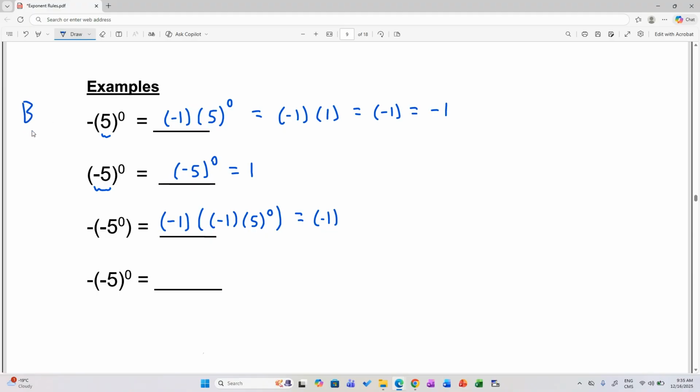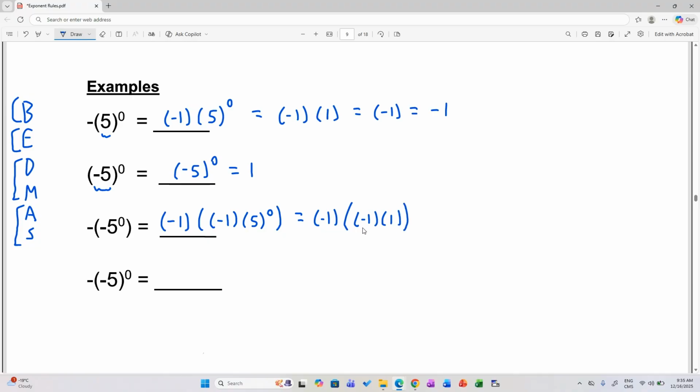If you recall, BEDMAS was brackets, exponents, division and multiplication, addition and subtraction. That's the order that we go in. So I solve for the 5 to the exponent of 0 first, and that is simply going to be 1.